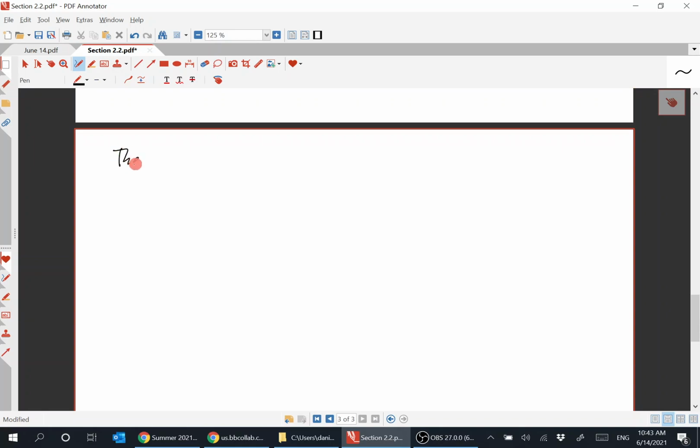So the basic parabola. So f of x equal to x squared. So if you want to look at the graph defined by this function, it looks like this.